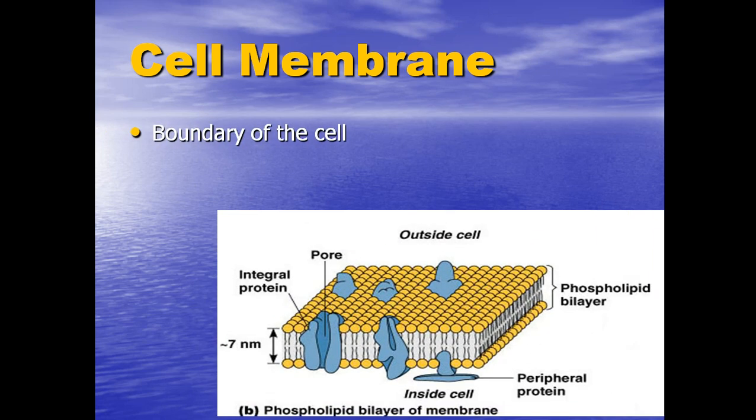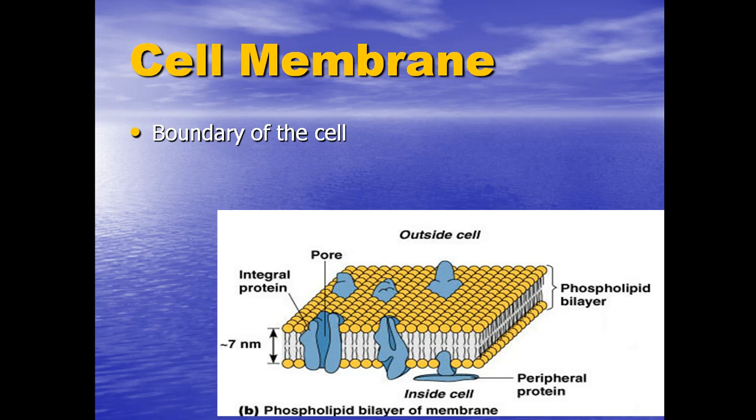See, the plasma membrane, being the boundary of the cell, has two walls. One is the outside wall and this is the inside wall. The outside wall, which is facing outside, has the power to communicate with the neighboring cell. The outside of this cell communicates with the outside of the next cell.